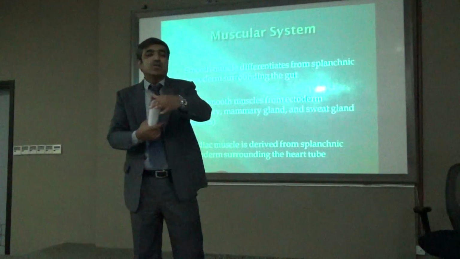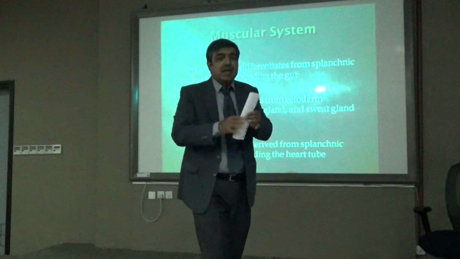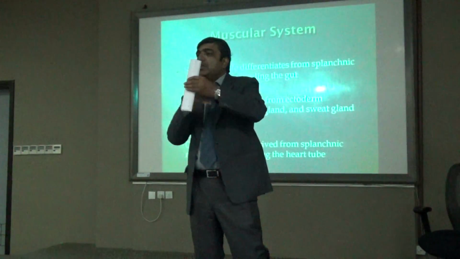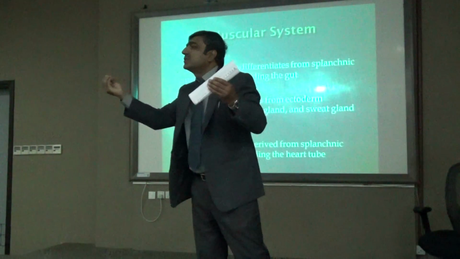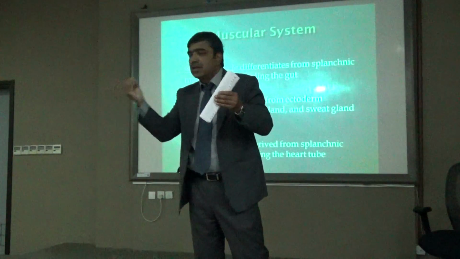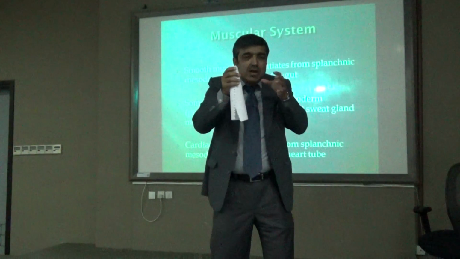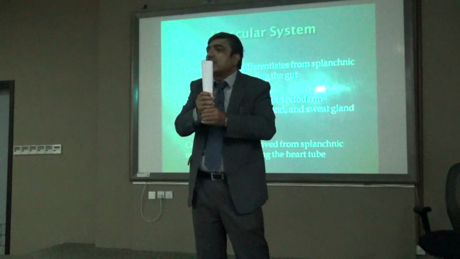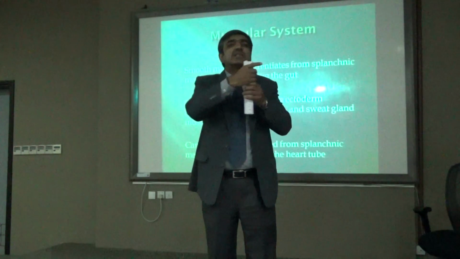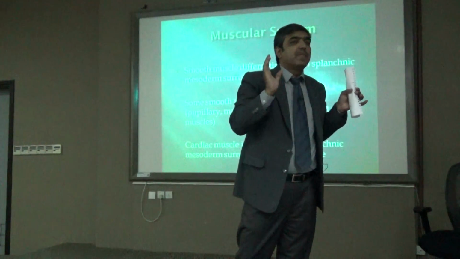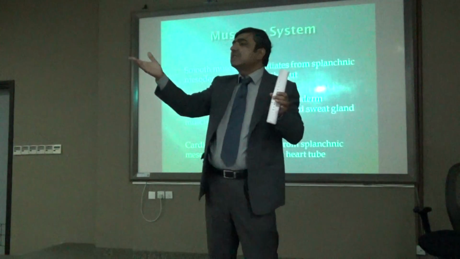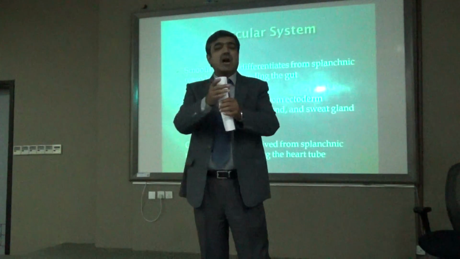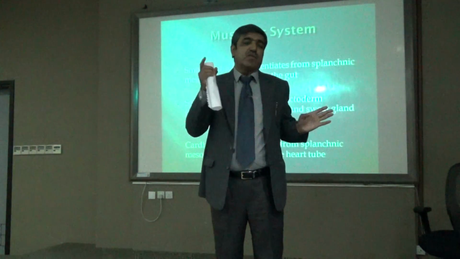So this all is endoderm, right? The connective tissue around the endoderm is derived from mesoderm, right? This connective tissue collects around the endoderm and forms the muscles of the intestine. What type of muscles are there in the intestine? Smooth muscle. This is how these smooth muscles are formed.